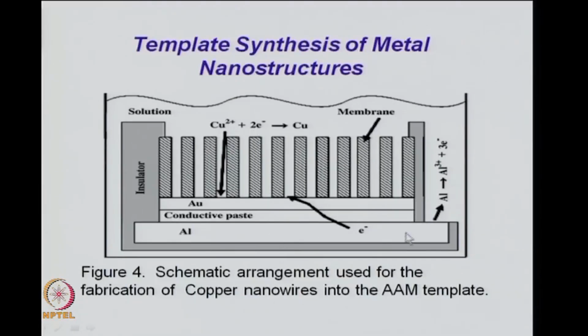So, the metal which will give up electrons easily is this aluminum metal, and when it gives out electrons, it forms aluminum ions and goes into solution, and the electrons that it gives out are actually coming in here, reacting with the solution, and copper 2 plus gets reduced to metallic copper, and wherever it gets reduced, it gets deposited.